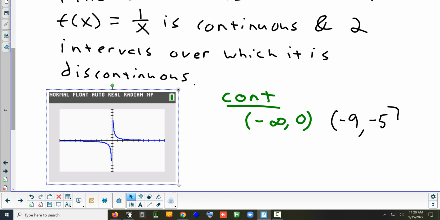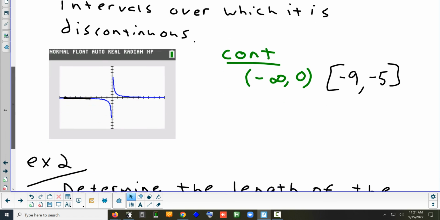So open, closed, that doesn't really matter in this case. But you could trace from -9 to -5. Like that. I just did. All right. So that's considered a continuous interval. I think this one would be considered continuous too, because you'd never lift your pencil. But you'd have to draw forever to do it.